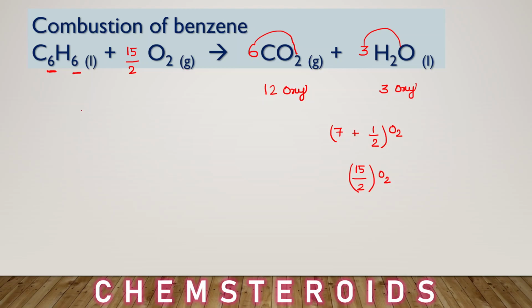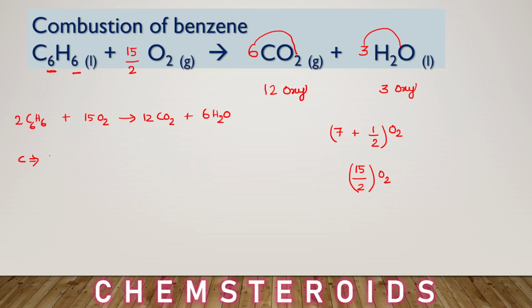This can alternatively be written by multiplying by 2 again, so 2C6H6 plus 15 O2 giving rise to 12 CO2 plus 6 H2O. You will find the number of carbon, hydrogen and oxygen, everything is balanced.